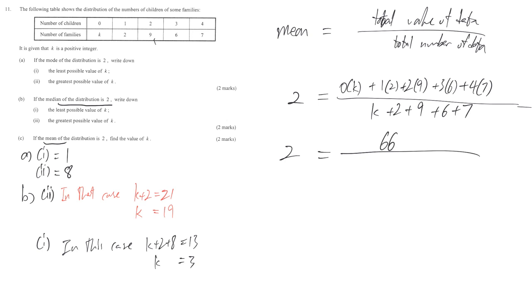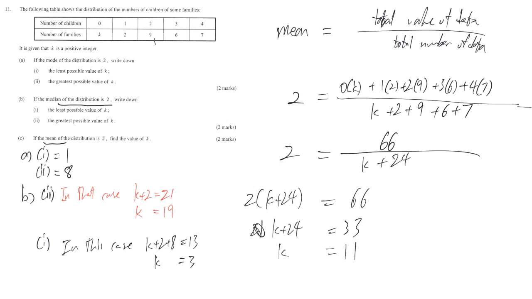Here is 66, and then below is k plus 24. So k is equal to 11, and this makes sense because k is some integer. That's how you get this question.